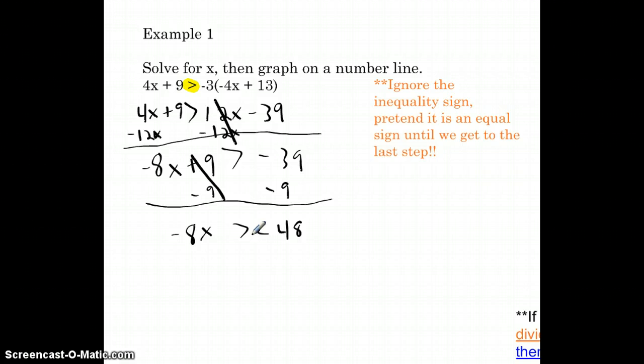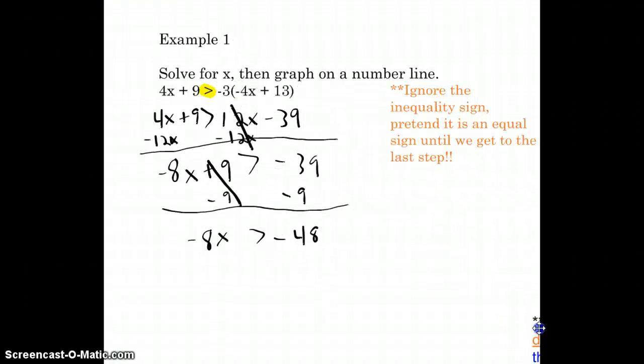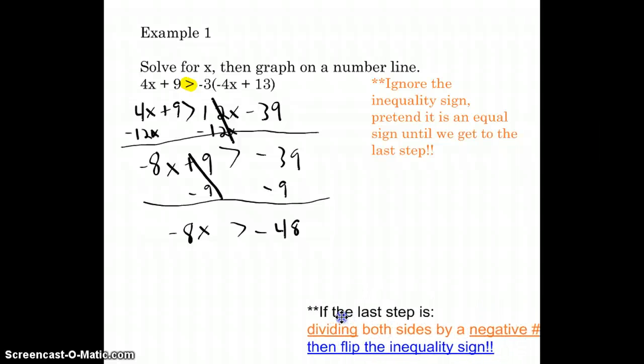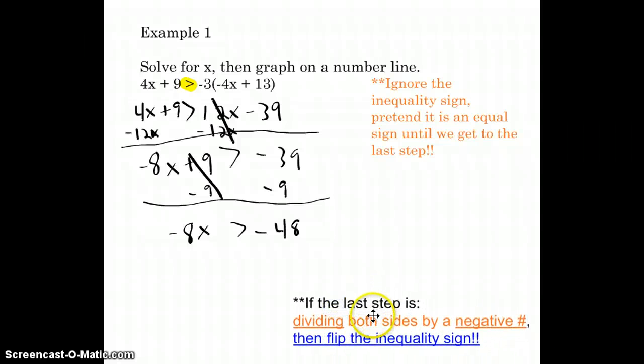Now here's where we need to pay attention to the inequality. We almost have this variable alone. So here's what we have to do. We have to take a look at this rule right here. And again, you need to write this rule down. This is critical. If the last step is dividing both sides by a negative number, then we have to flip the inequality sign.